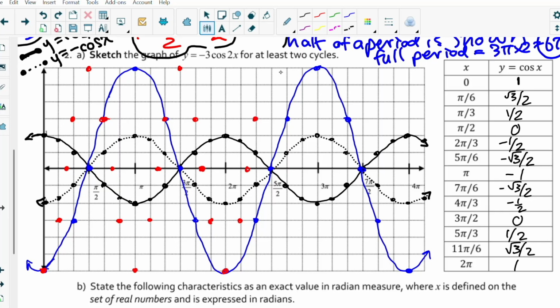Okay, and you get the idea. Okay, and then let's draw a nice smooth graph. Okay, I'm gonna mind my arrows there.